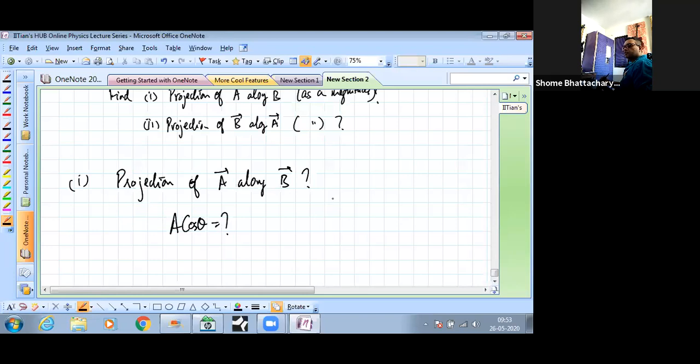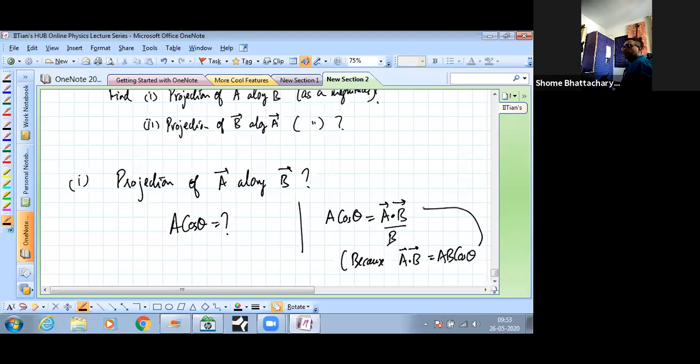Now we won't sit down and calculate theta and all those things. We'll just find it like this. Why? Because by definition, A dot B is AB cos theta. So I now want to find A cos theta, so just bring the B to this side. Just A dot B divided by mod B. Understood this now? The formula.